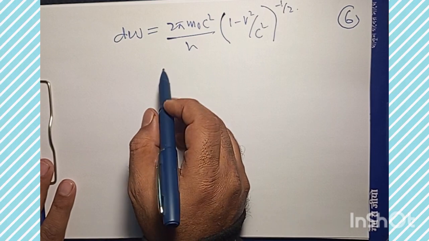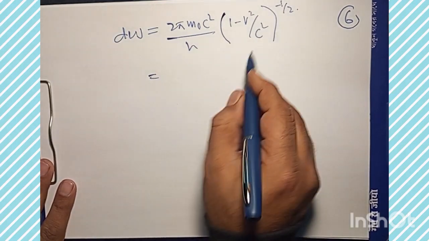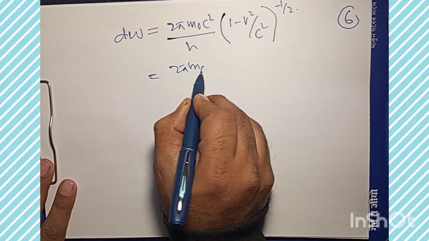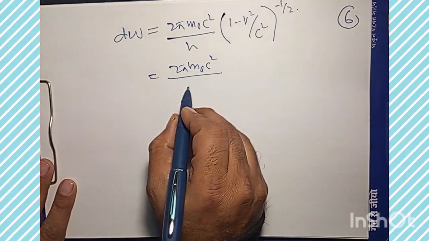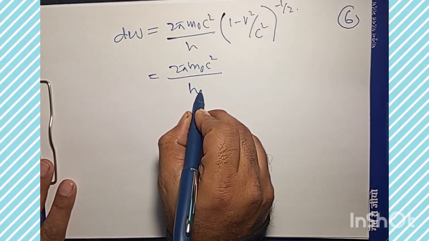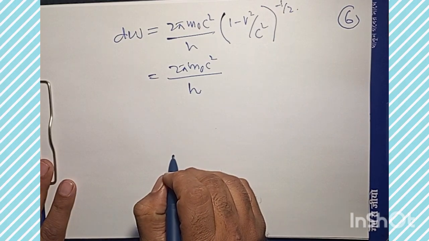What we are going to get out of it is 2 pi m naught c square by h. Yeah, that should be the case here.